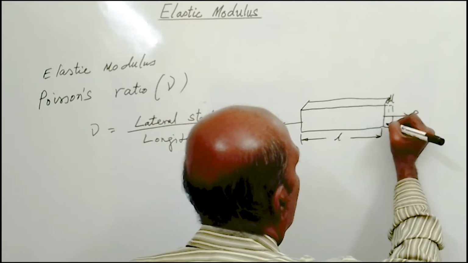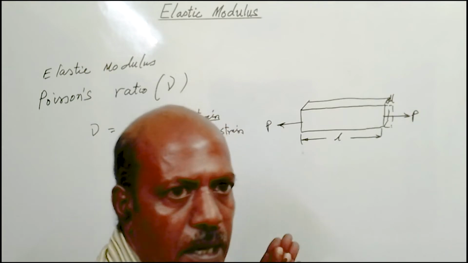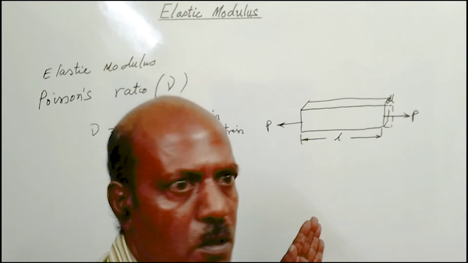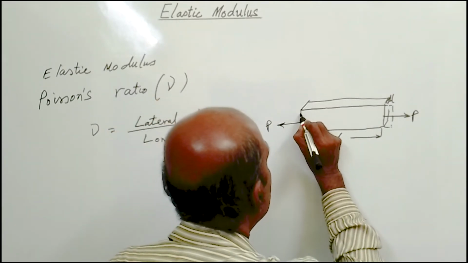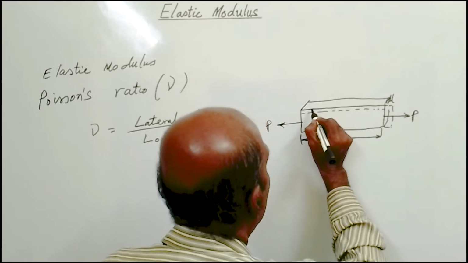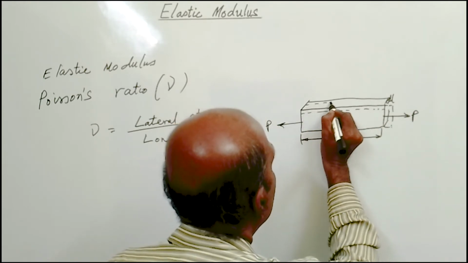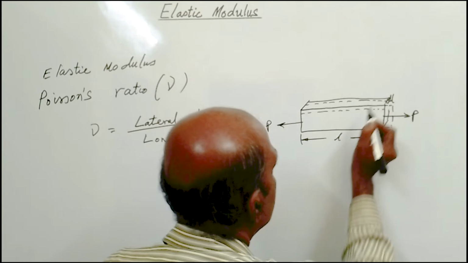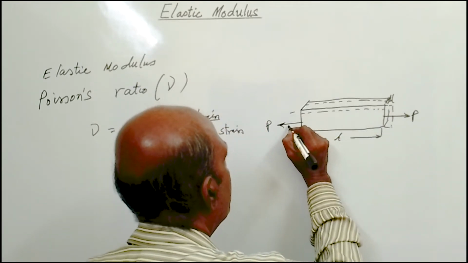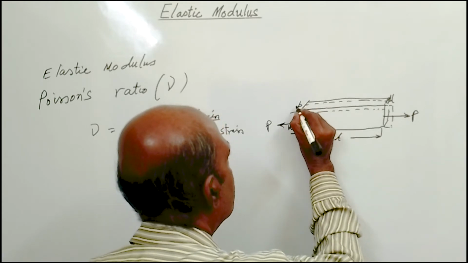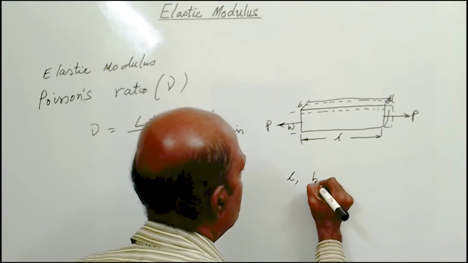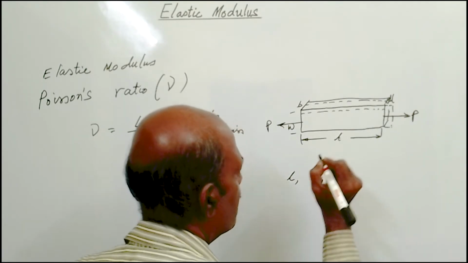Now, once the body elongates along the direction of load, the other directions, that is perpendicular to the load, will decrease. Say this dimension is L, this dimension is W and this direction length is B. So L is the length, B is the width and W is the thickness of the body.